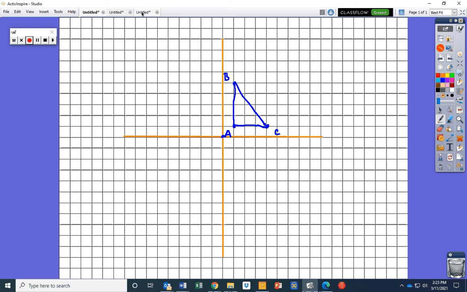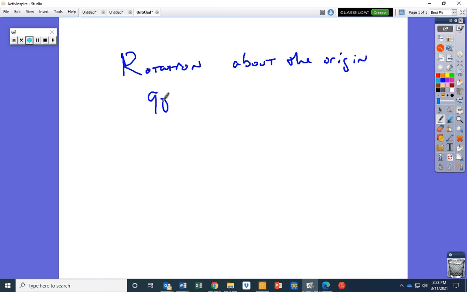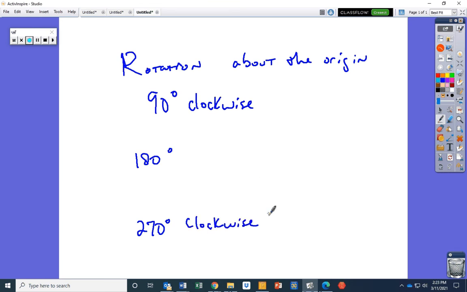I have 3 different ways of rotating about the origin: 90 degrees clockwise, 180 degrees, and 270 degrees clockwise. The thing about 180 degrees is it doesn't matter whether you're going clockwise or not, because it's going to end up in the same spot. So let's first start with 90 degrees clockwise.